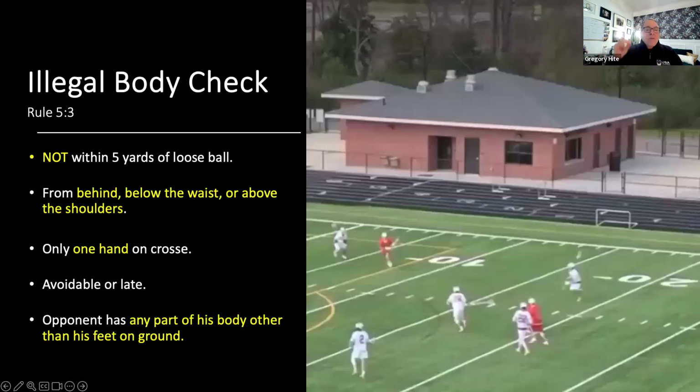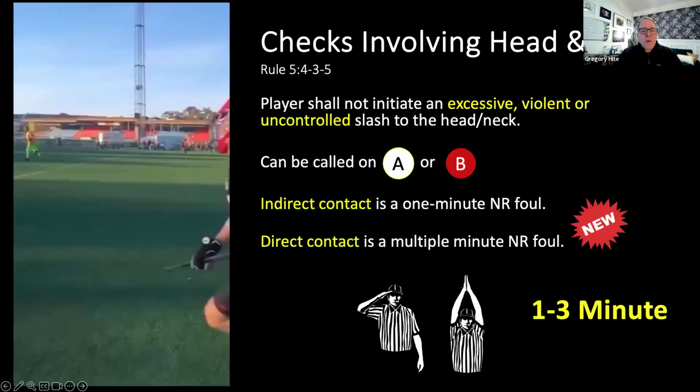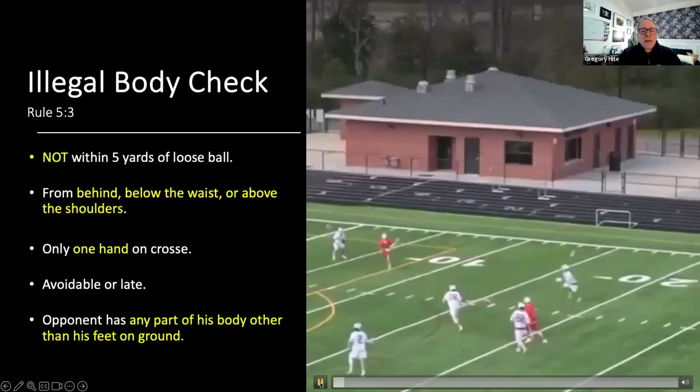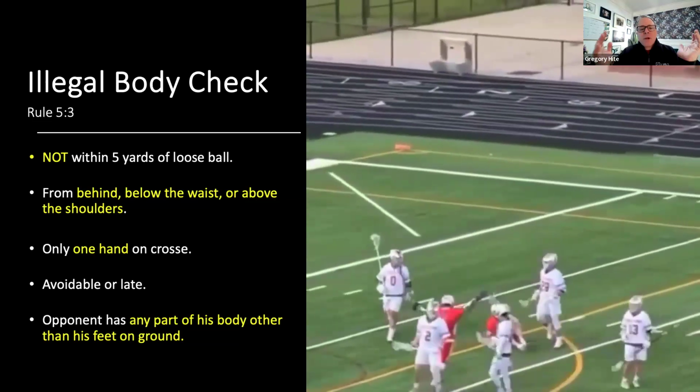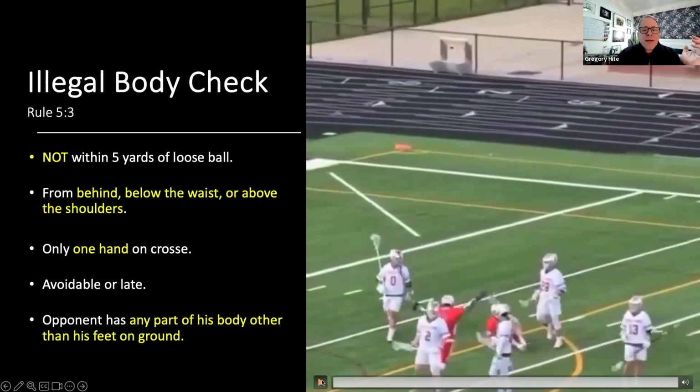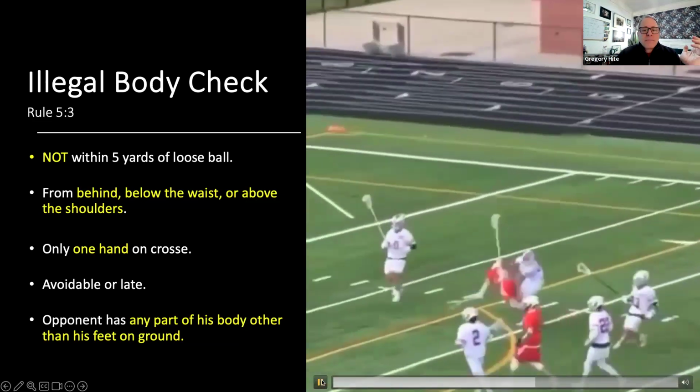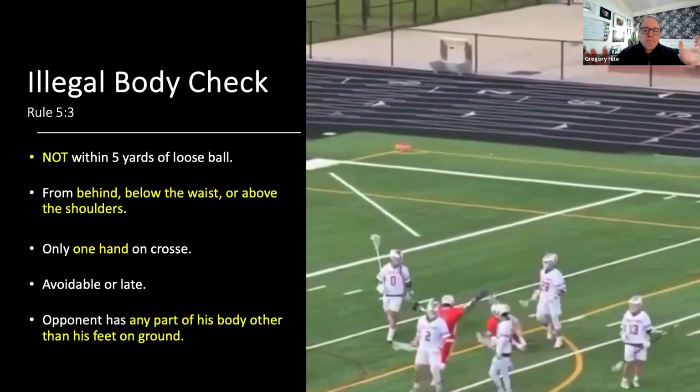But if you blow somebody up, this is kind of what we're looking for. We're looking at the high hits, the real big nasty stuff. This is what we're looking for when we're talking about an illegal body check. So let me go back and I'll show you this clip here. Clearly from behind, clearly late, lines them up, shot's away, and we hammer them.